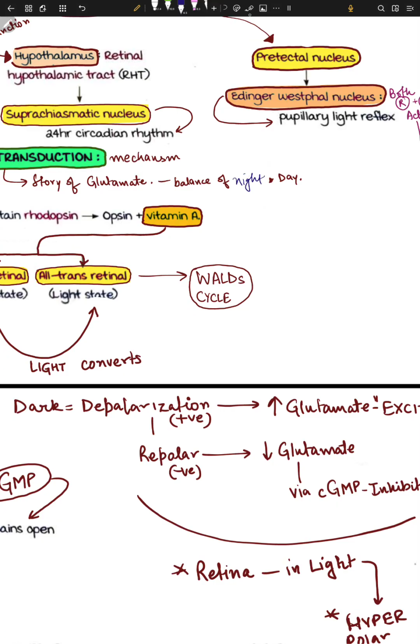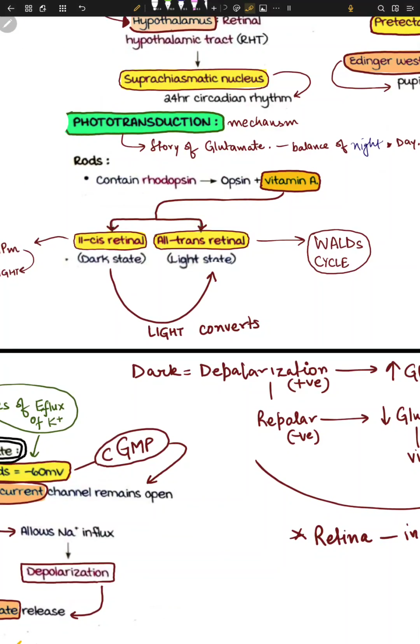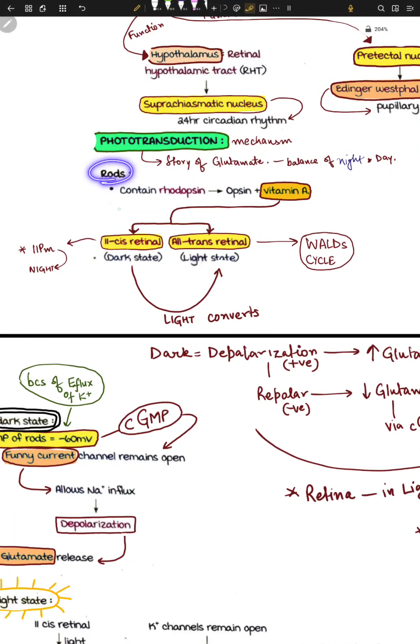Okay, well, what happens is that you have rods, right? And rods are made up of rhodopsin, the pigment, and this rhodopsin is made up of opsin plus vitamin A. So if you lack vitamin A, you will have problems, and this is how night blindness actually works.